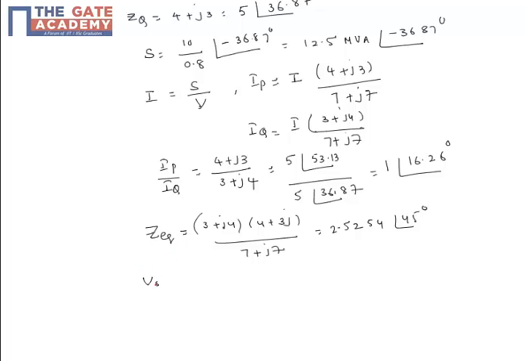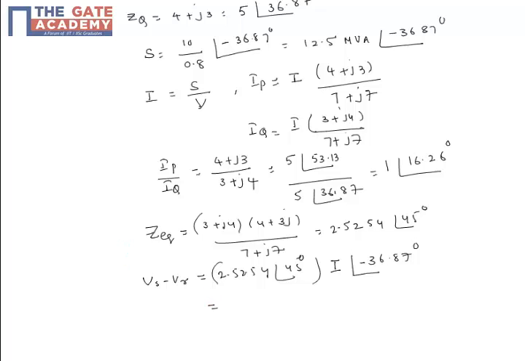That is Vs minus Vr, the drop, equal to Z equivalent into I. So Z equivalent is 2.5254 at an angle of 45 into the current, which is I at an angle of minus 36.87.